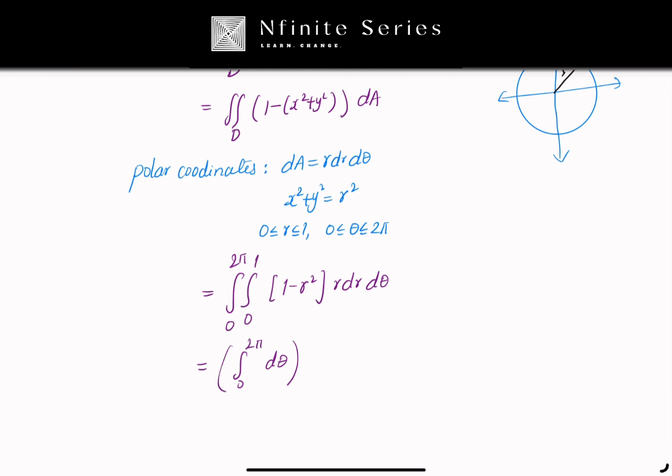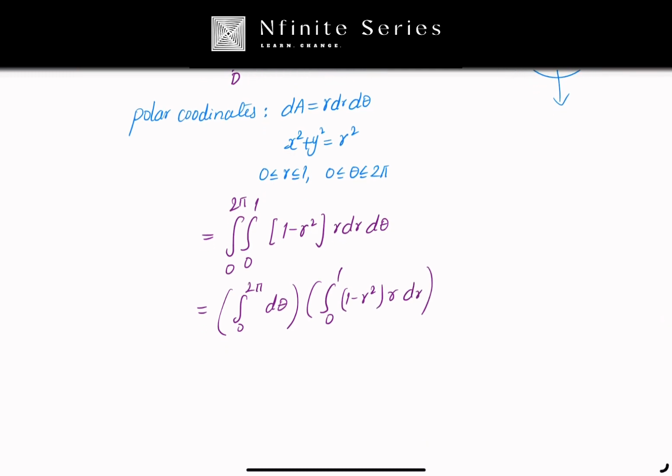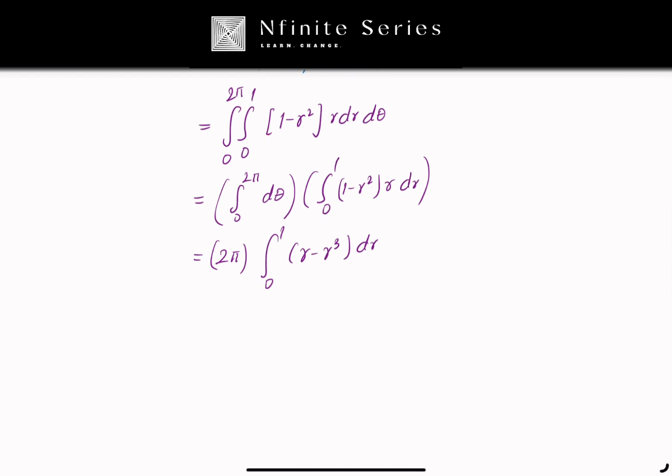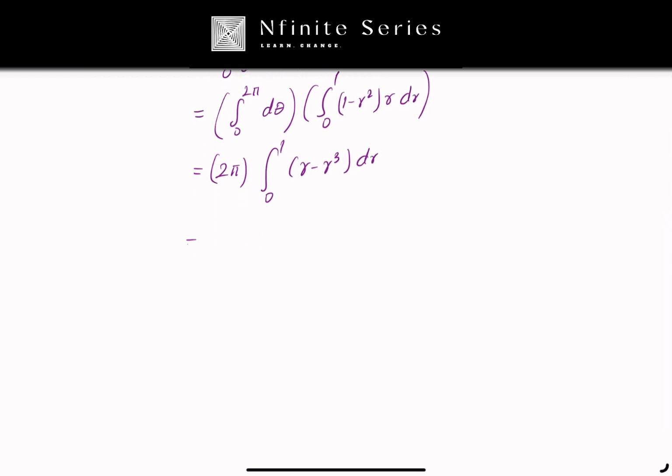We have this integral times the integration from 0 to 1 of the remaining term, which is (1 minus r square) r dr. The integration of the first term is simply 2 pi, and the other integral is r minus r cube with respect to r, and then we use the simple integration formula to solve this.